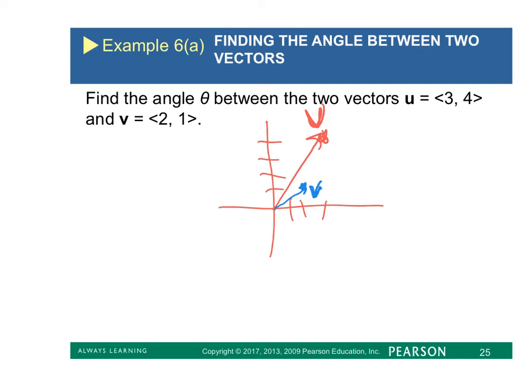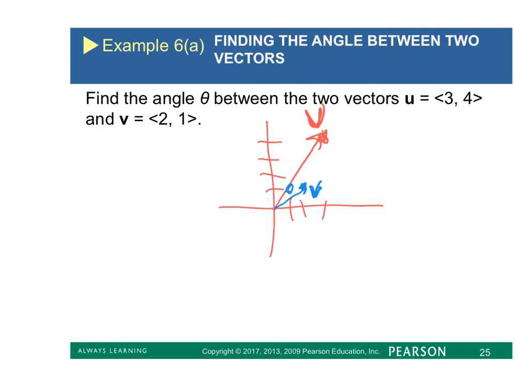And I'm looking for this small angle right here. Good luck. Normally that'd be a very hard problem to do with just trig. For one, it's not a right triangle. I could probably use the law of cosines.